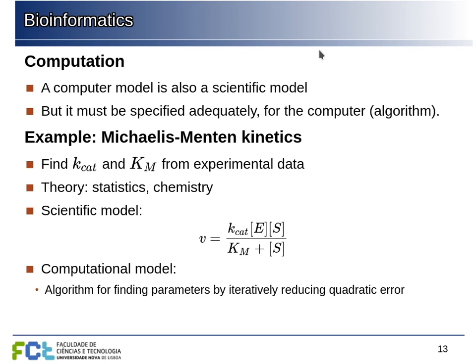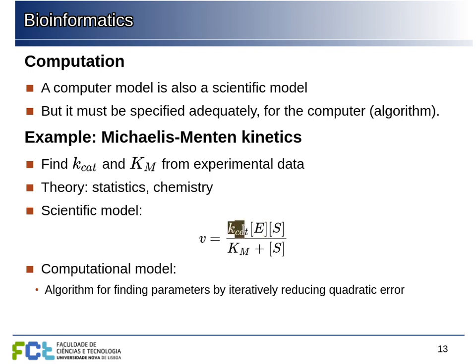I'll give you an example. We can suppose we want to find these constants, the maximum velocity and the Michaelis-Menten constant for an enzyme, and the enzyme follows this classical Michaelis-Menten kinetics, where the velocity of the reaction will depend on the concentration of the enzyme, the concentration of the substrate, and these two constants.